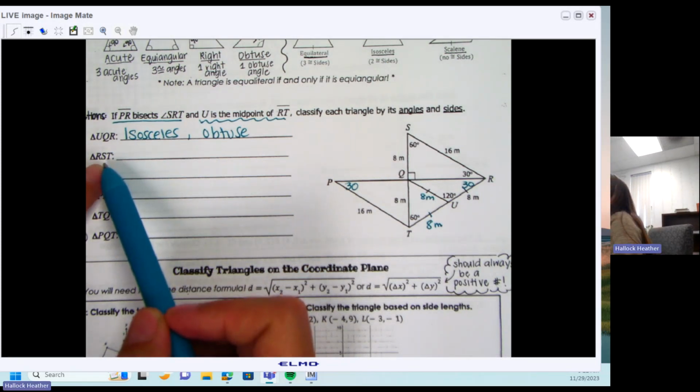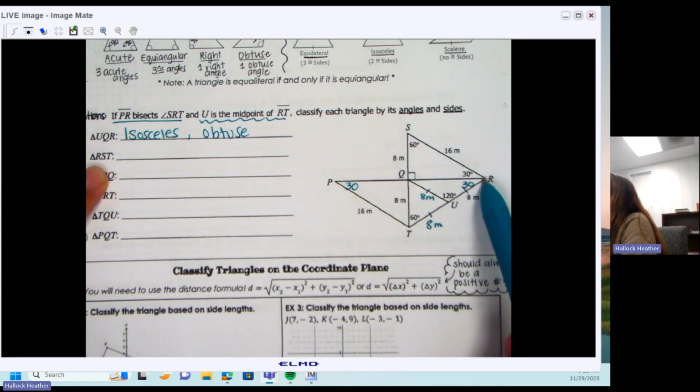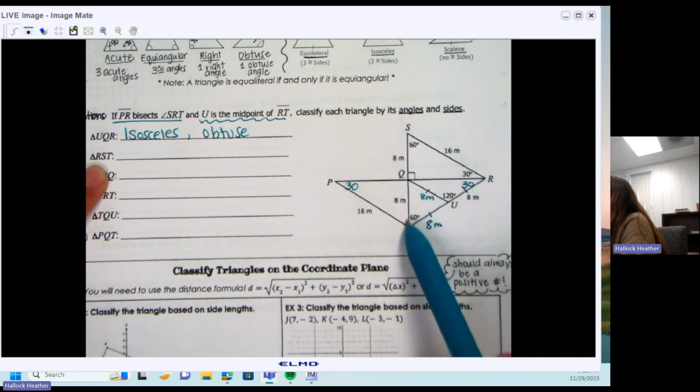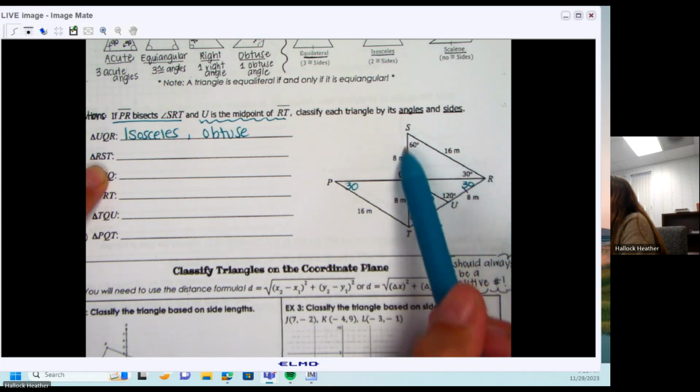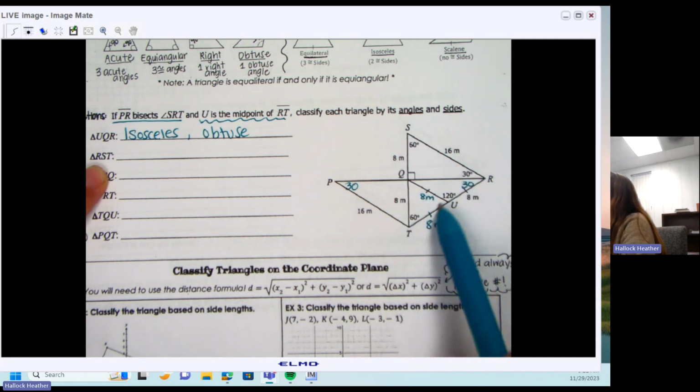Okay, now let's look at the next triangle. It says RST. So RST is this large triangle. What kind of triangle would that be using the sides? Is it isosceles, scalene, or equilateral?